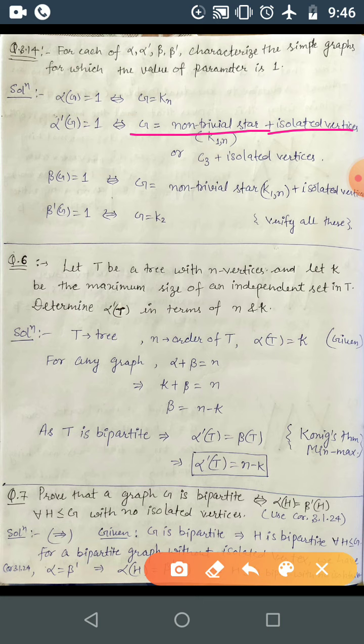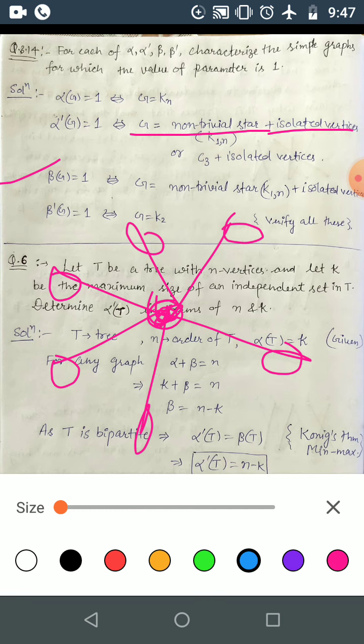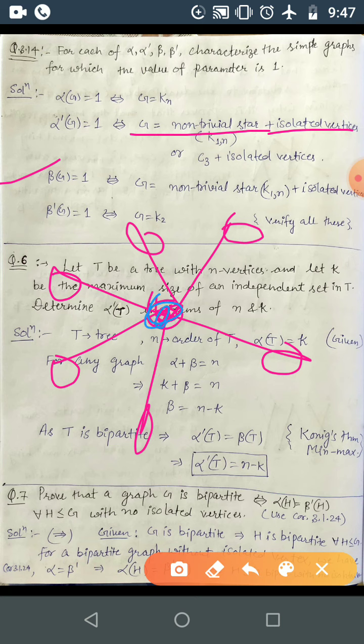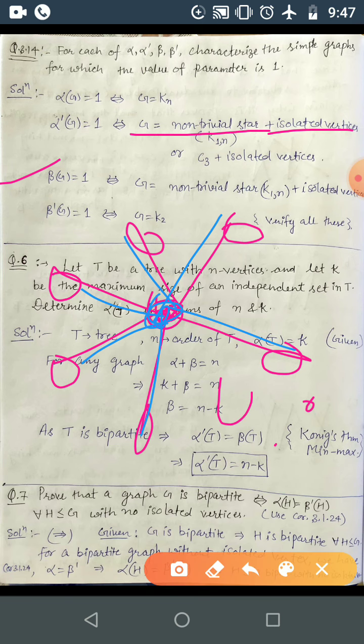Okay, now we want beta G, the minimum vertex cover, to be 1. Minimum vertex cover is 1 means that a minimum of one vertex is needed to cover all the edges. For example, this vertex is covering all the edges, correct. If you take the union with some isolated vertex, one vertex will still cover all the edges.